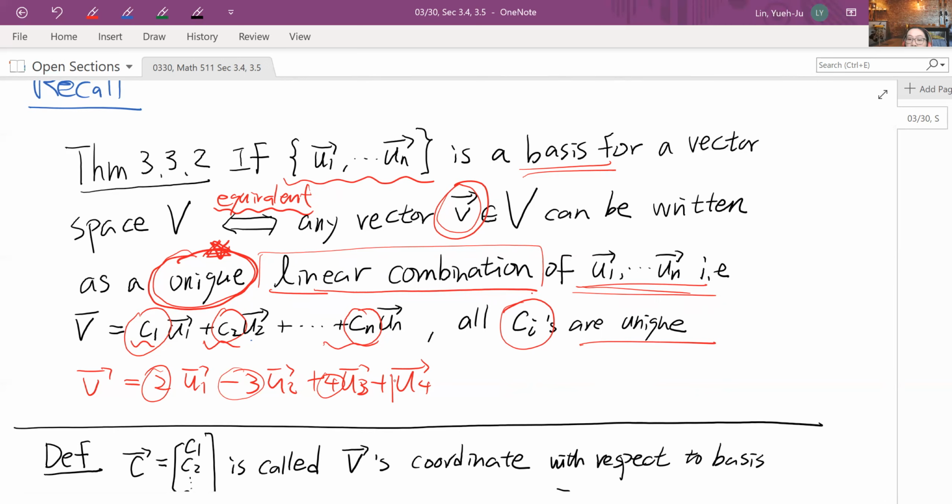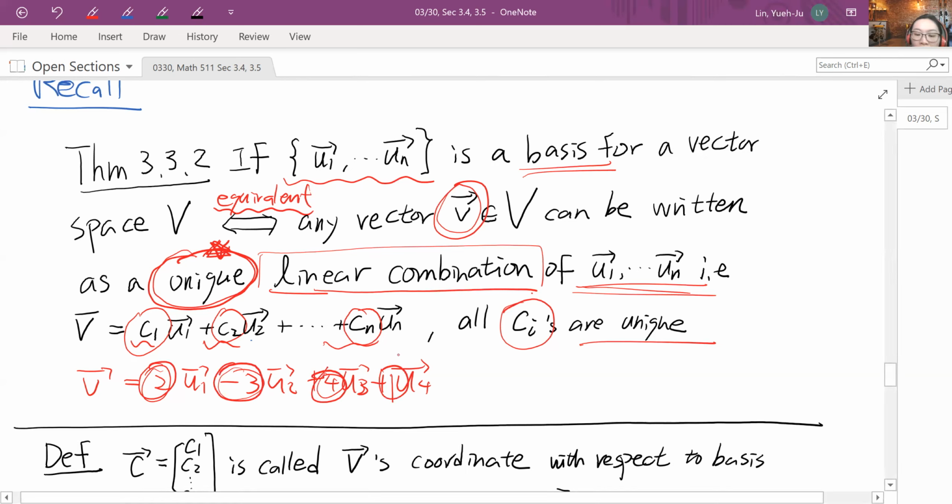So this tells you something very strong. Once you give me a choice of basis, then any vector can only be written in one unique way as a linear combination. Then you can see that these coefficients somehow become the signature or ID of your vector v. That's the beauty of it.